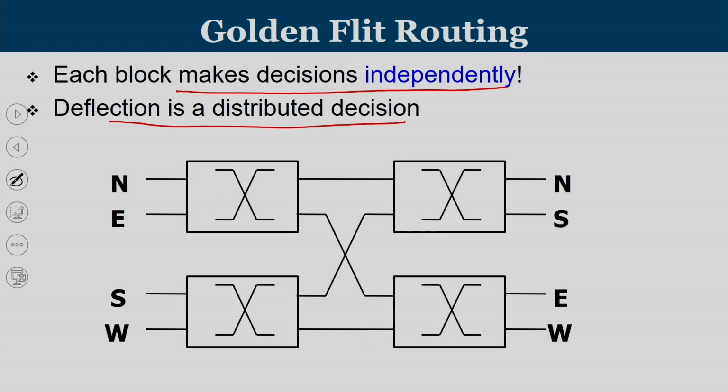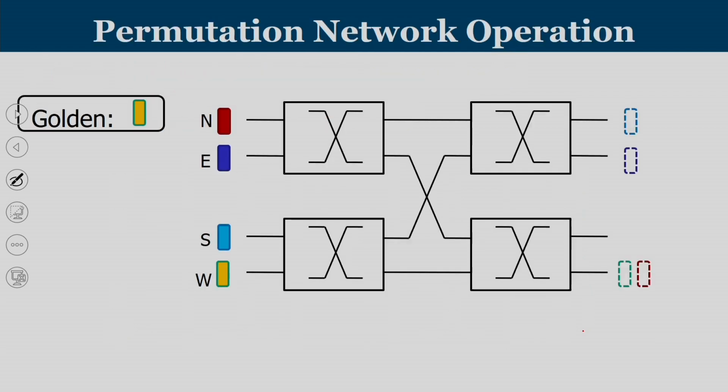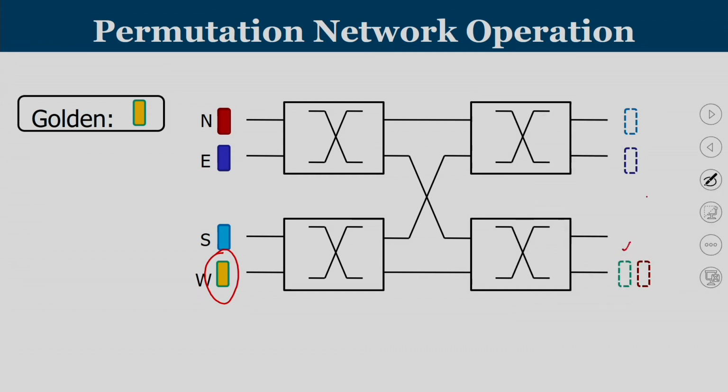These are the flits that are coming from the north, east, south and west input directions, and what you see on the right side are the flits going to the north, south, east and west output ports. Now, look here at how we are going to have this. Let us say this is the golden flit that we are going to talk about, and the golden flit wants to go to this output port.